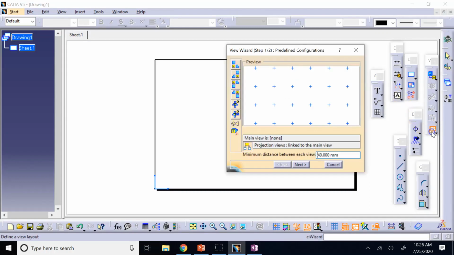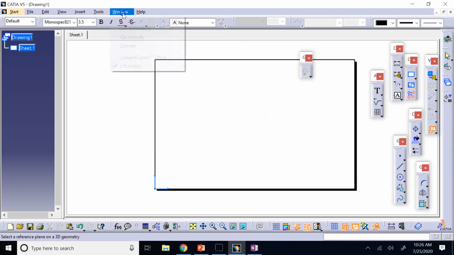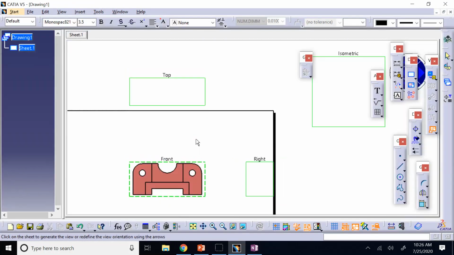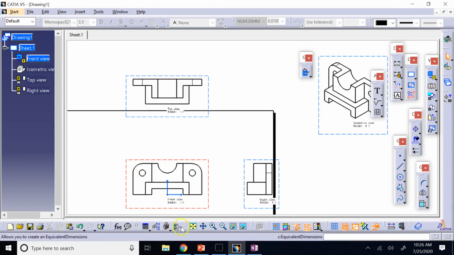and let's bring the 3 standard views. And maybe an isometric. And then we go to the part and select the front plane and bring them all in.